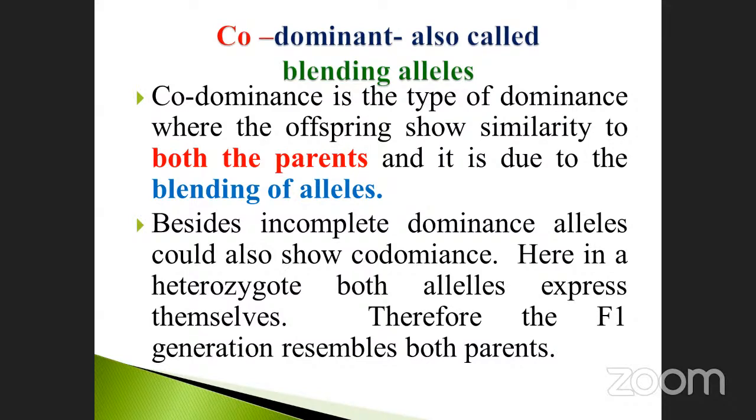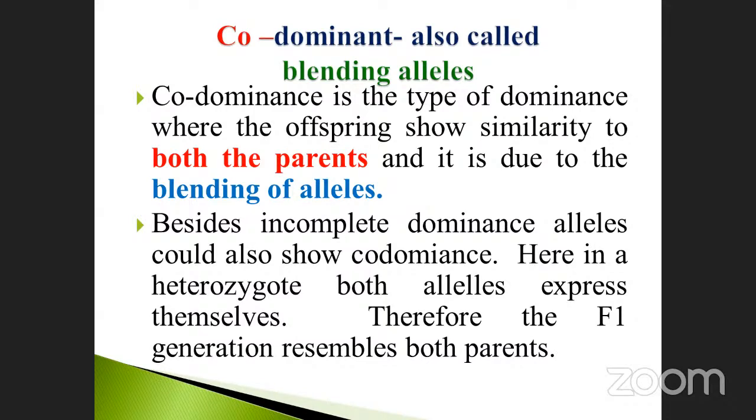Sir, both the alleles are dominant. They both show their respective traits. Very good. Super. So both the alleles express themselves in the next generation. Codominance is a type of dominance where the offspring shows similarity to both the parents. Note it down, my dear students.